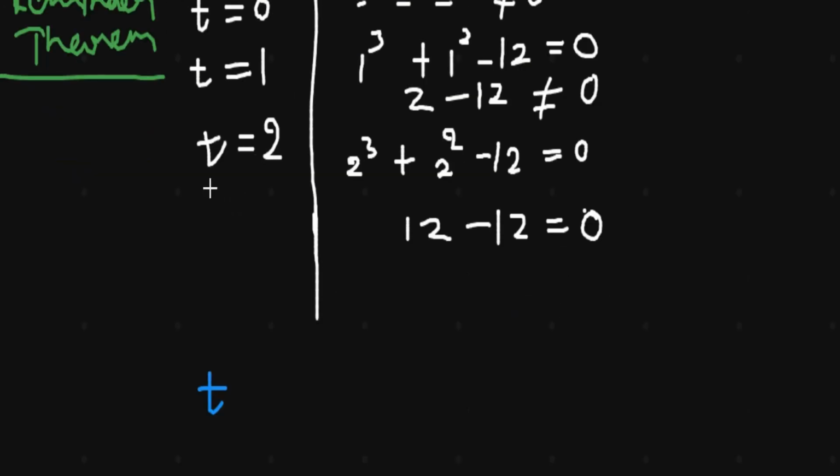So here friends, 2 is one value of t, so we can write t minus 2 is one factor. T minus 2 will be one factor here.